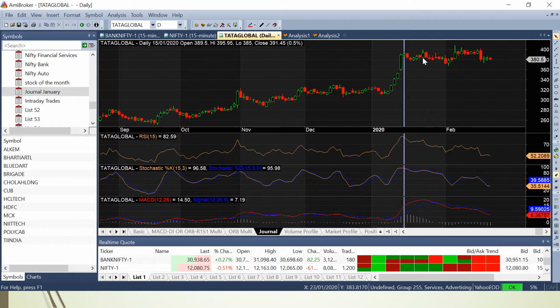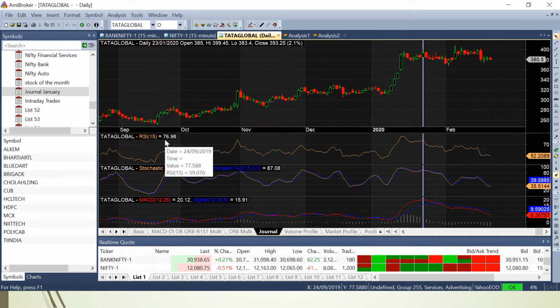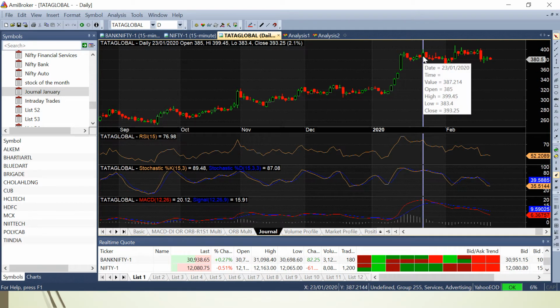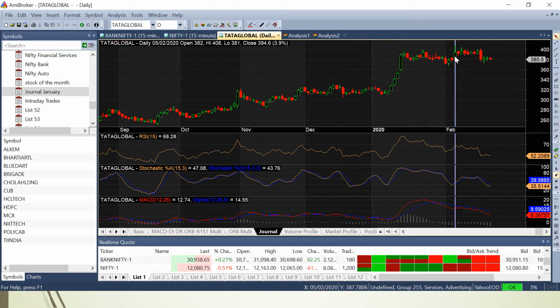Now check the next peak, made on 23rd January. The RSI value is now 76. So it has come down from 82 to 76, whereas the price has gone higher. Third peak here on 5th February, and the RSI has become 68. So RSI goes from 82 to 76 to 68.